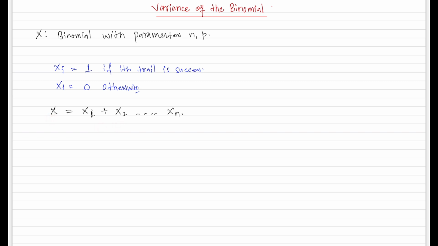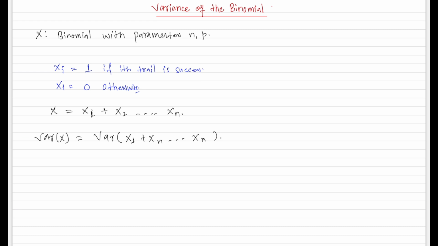Now we can easily find the variance of the random variable X, which would be equal to the variance of the sum of these random variables. One important point to note here is that these random variables Xi, that is X1, X2, up to Xn, are independent.